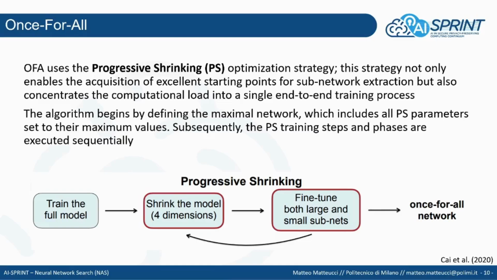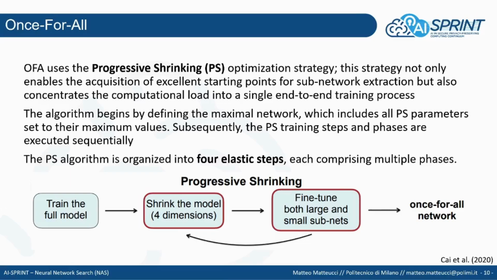The algorithm starts by defining the maximal network, which includes all possible parameters at the maximum value. And then during training, the progressive shrinking tries to reduce the model and fine-tune both large subnets before getting the Once for All network.